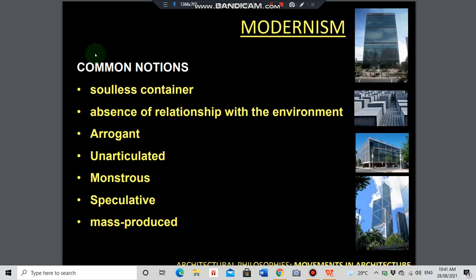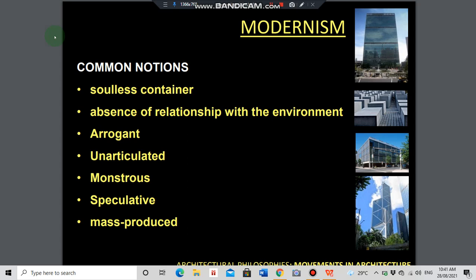Then, of course, arrogant or absence of relationship with the environment. So sabi nila, ito yung belief about modernism, that absence of relationship with the environment, that the building exists on its own. Wala siyang relationship with nature, no? So that is not good.